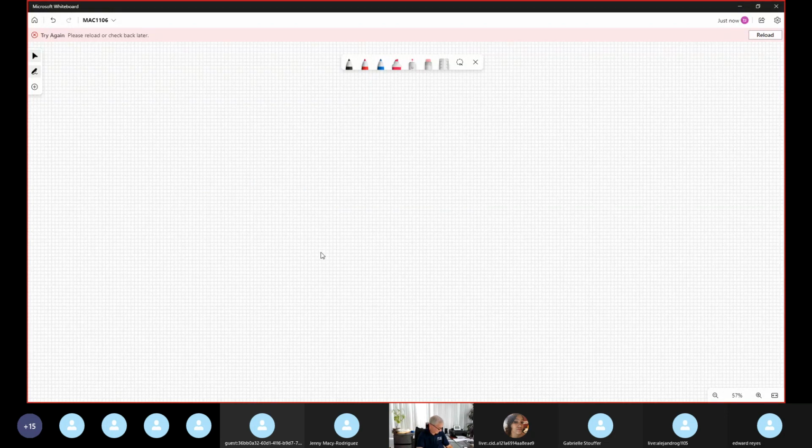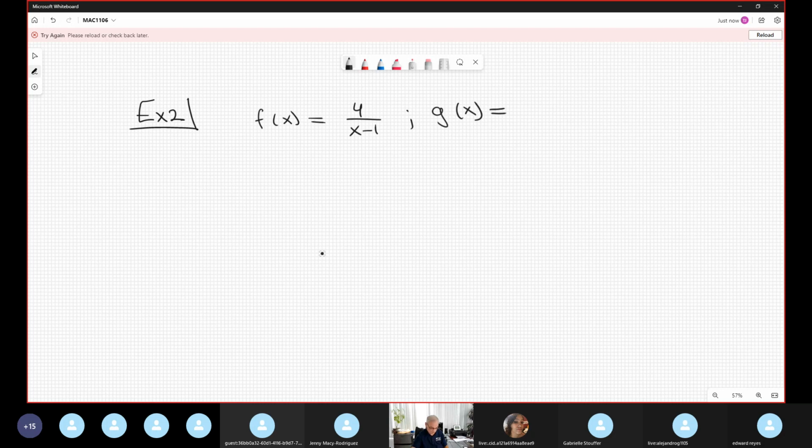Okay, super. Suppose this example. Example 2 of the composition is the complicated part, because the arithmetic, addition, subtraction, multiplication, and division, is super easy. Suppose that we have the f function, 4 over x minus 1, and the g function is x over x plus 3.